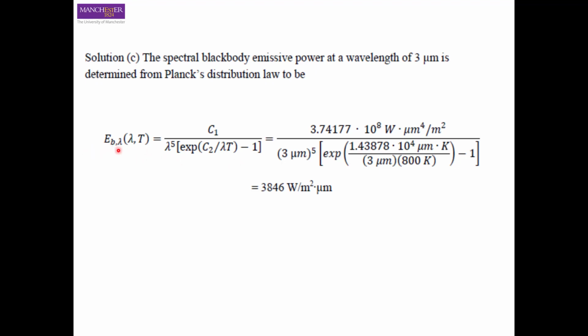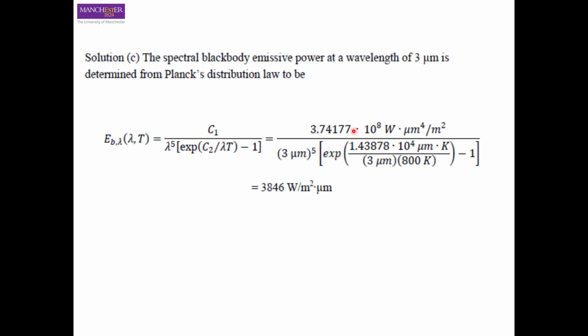So E B lambda means the emissive power coming out of an object at a certain wavelength. We know the values of C1 and C2 because they are constants, so we just need to plug in the values from literature or from your notes. And then we need to put in the value of lambda, that is the wavelength, 3 micrometer. Okay.